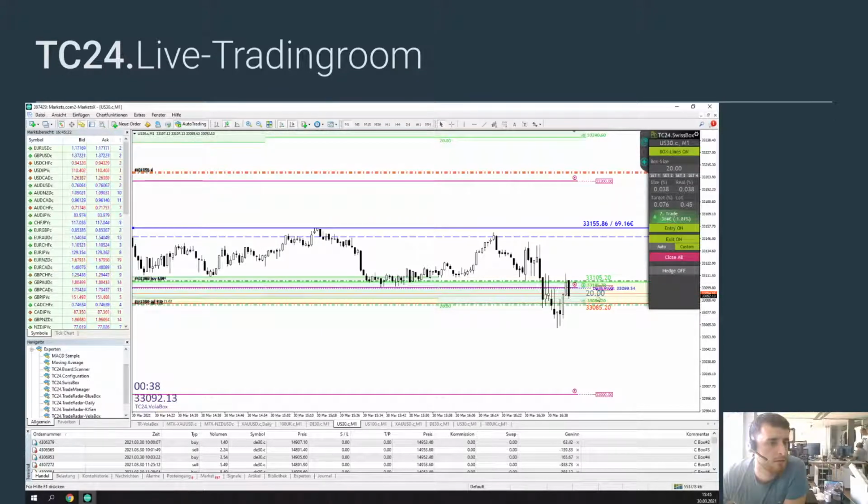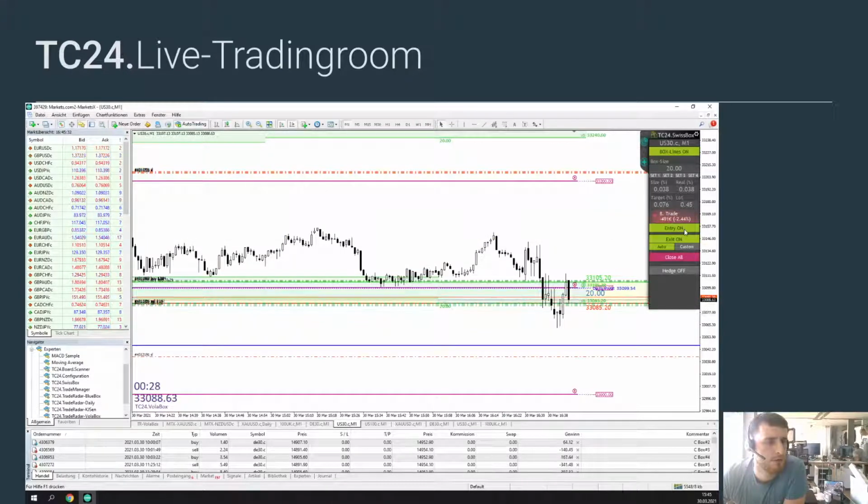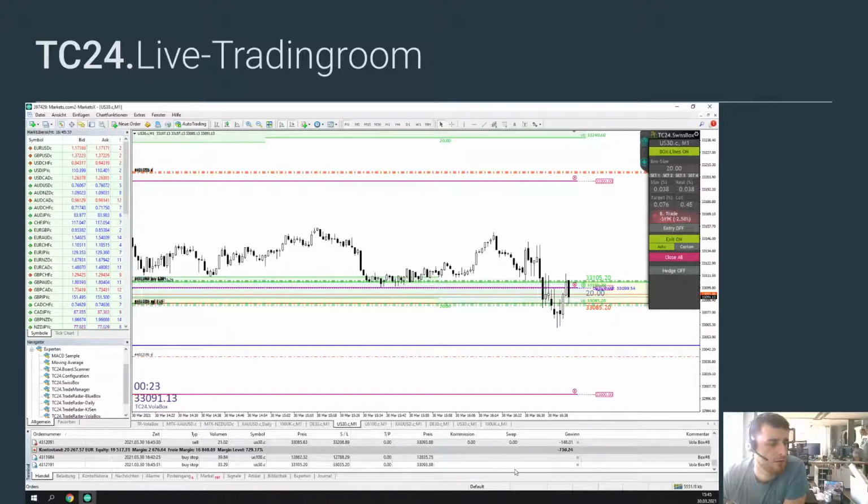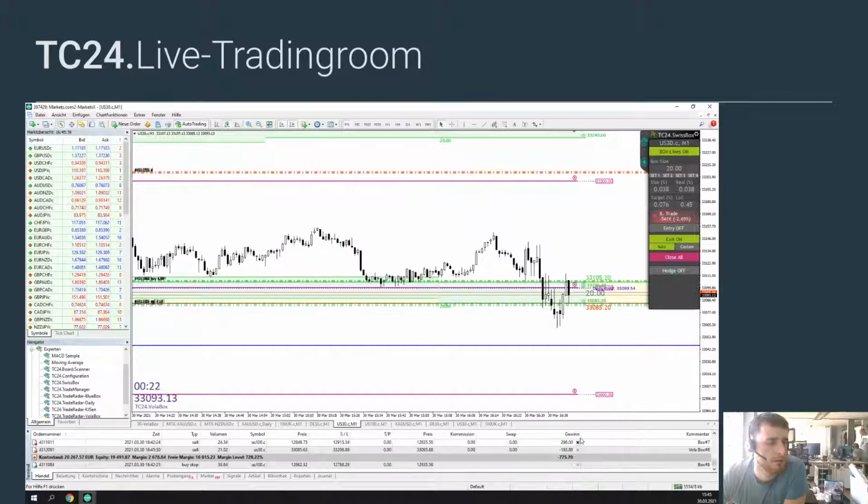So now, once we trigger into this next trade, I'm going to turn my entry off. I'm going to click the exit on that. I'm going to commit to the sell position.